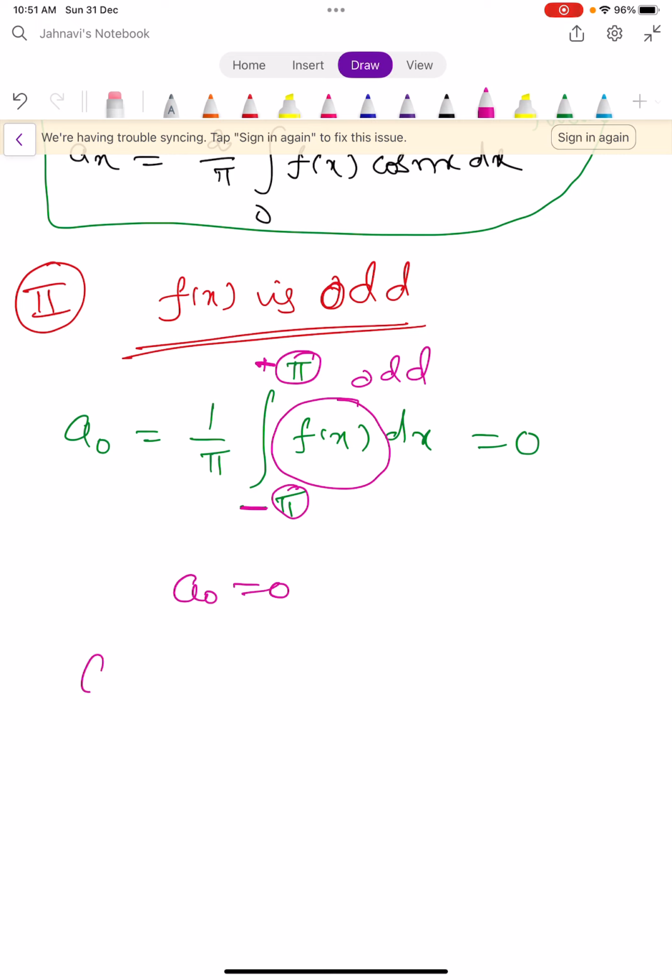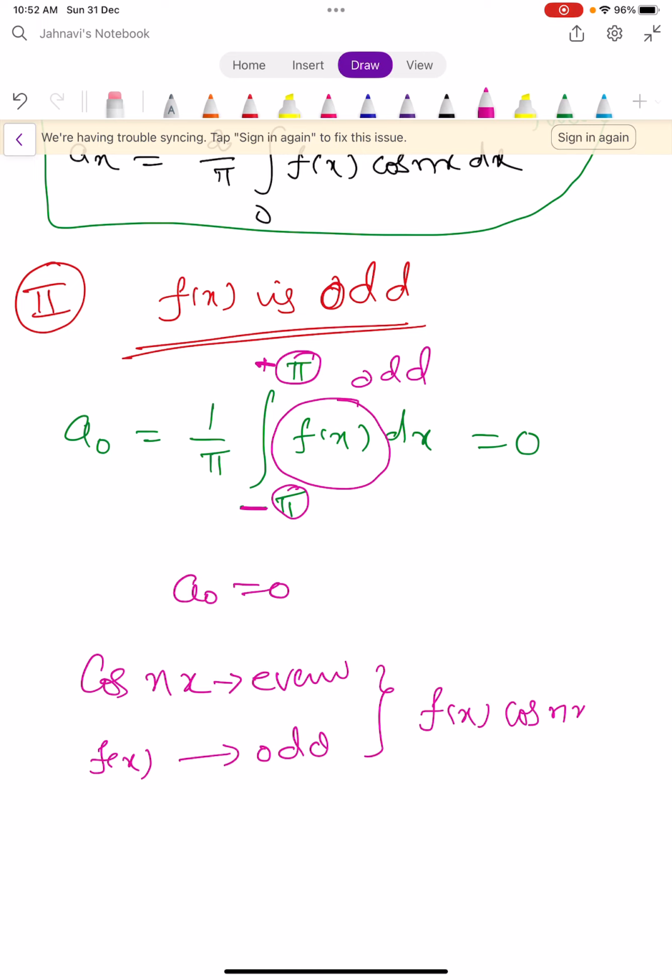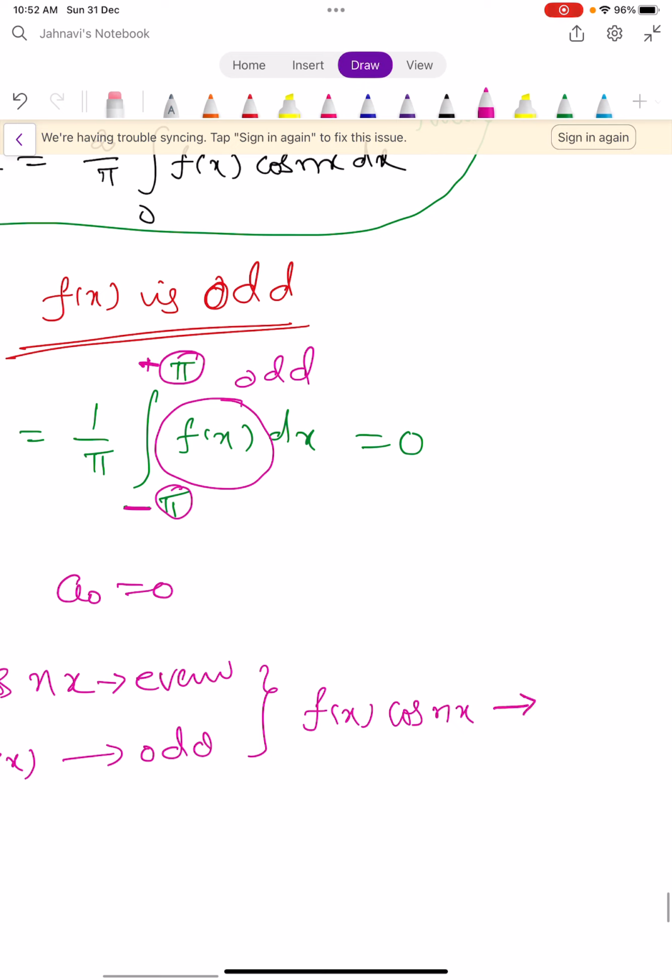Next, we know that cos nx is even and f of x is odd. The product of these two, f of x into cos nx, is also odd. Already we have seen that the product of an even and an odd function is always an odd function.